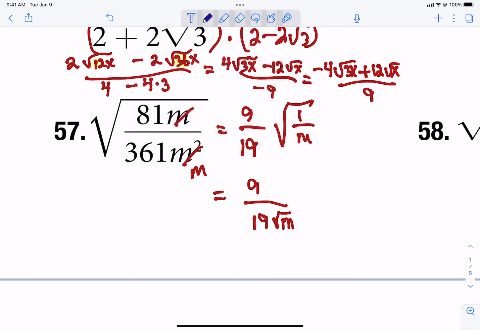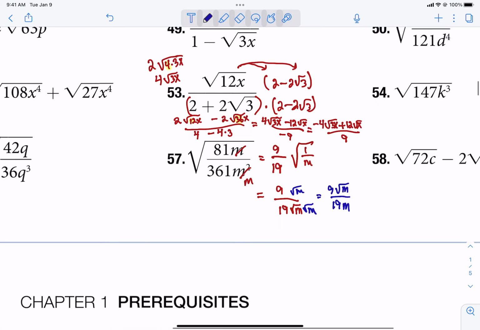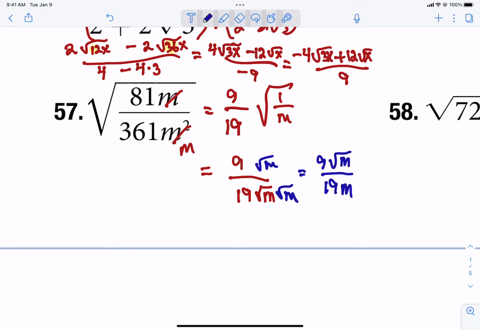Well, if you end up with a square root in the bottom that has like a 1 plus a square root or a 1 minus a square root, we use the conjugate. For one like this that just leaves that m in the bottom, we don't use the conjugate. We just use an extra square root. So we just multiply top and bottom by whatever the square root happens to be. And so we get 9 square root of m over 19. And you can't really do anything. So that's kind of a weird one.